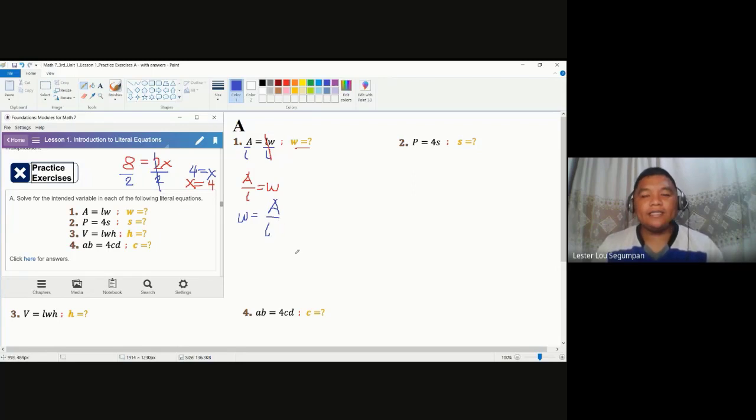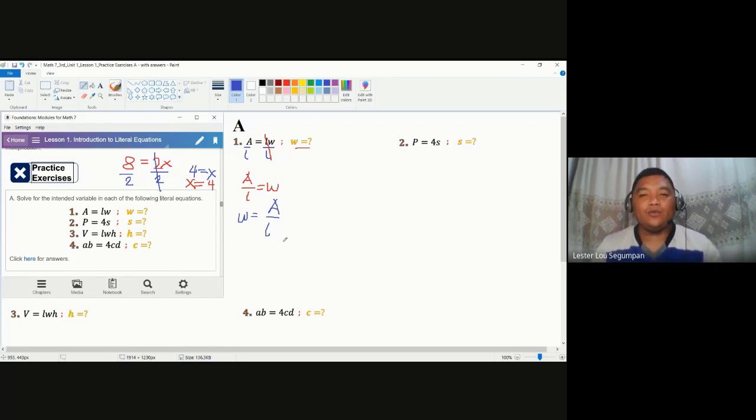The reason behind this is that there are plenty of literal equations. As we all know in our module, literal equations are also defined as formulas. There are plenty of formulas wherein in a specific formula, we could see an upper and lower case of a letter.